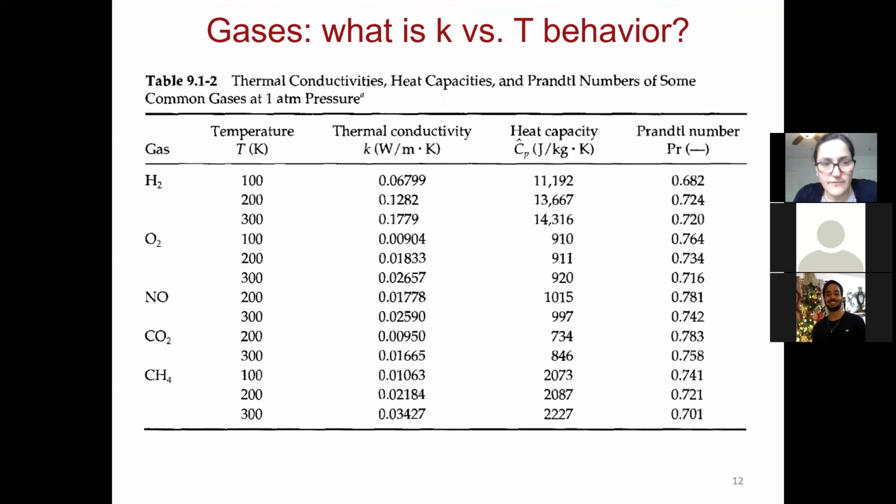What I want you to focus on is what happens to thermal conductivity, K, in watts per meter per Kelvin, with temperature increase. Here, in some cases we have 2 values, in some cases we have 3 values.